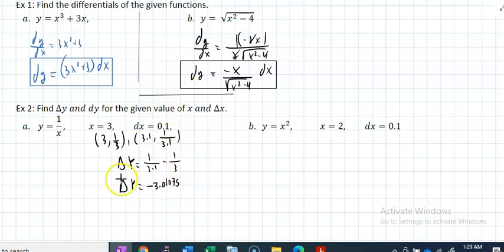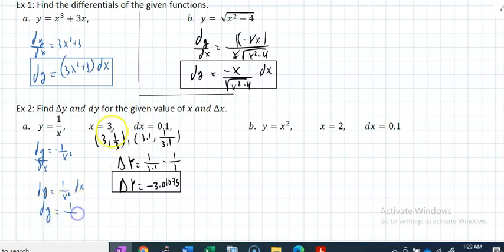That's the exact change. If I find the approximate change, dy is negative 1 over x squared, dy dx. So dy is negative 1 over x squared dx. And the approximate change is 1 over the original, 3 squared is 9, times 0.1, and that would be, I plug that in my calculator and I get 0.111.